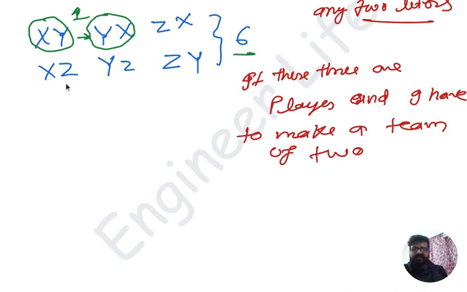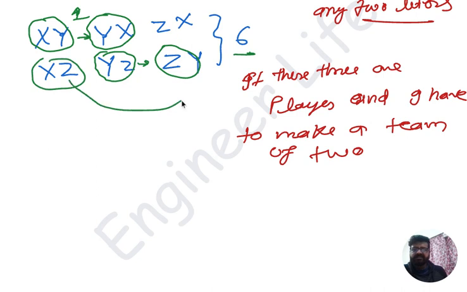In the same way, if I make a team of Y and Z, or Z and Y, this is the same team. In the same way, XZ or ZX is also the same team.